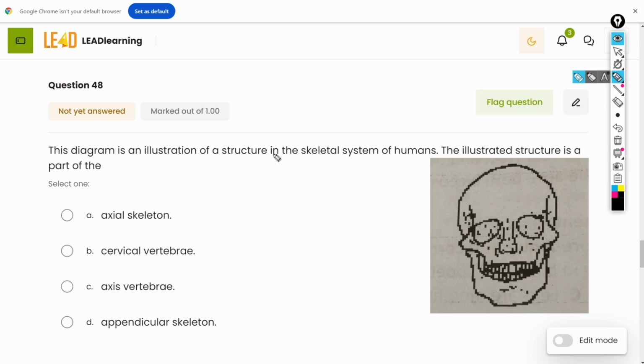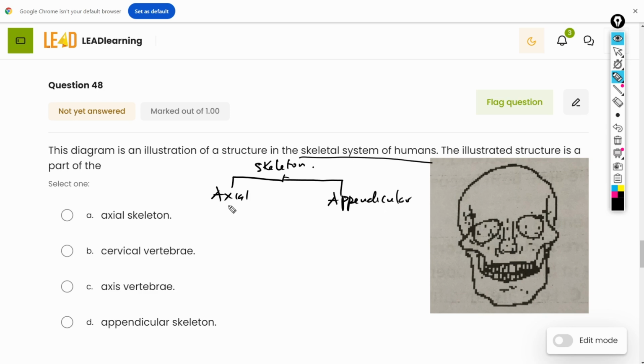Question 48. This diagram is an illustration of a structure in the skeletal system of humans. The illustrated structure is a part of. Okay, now the human skeleton is divided into 2 parts: the axial skeleton and the appendicular skeleton.